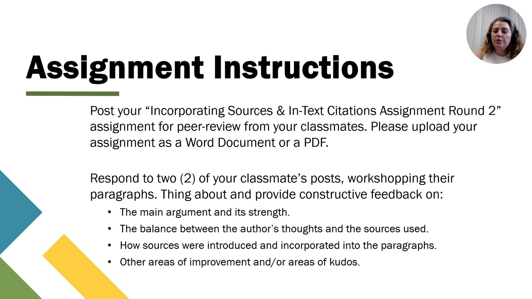Please respond to 2 of your classmates' posts, workshopping their paragraphs, and think about and provide constructive feedback on the following. The main argument and its strengths, the balance between the author's thoughts and the sources being used, how the sources were introduced and incorporated into the various paragraphs, and other areas of improvement and or areas of kudos.